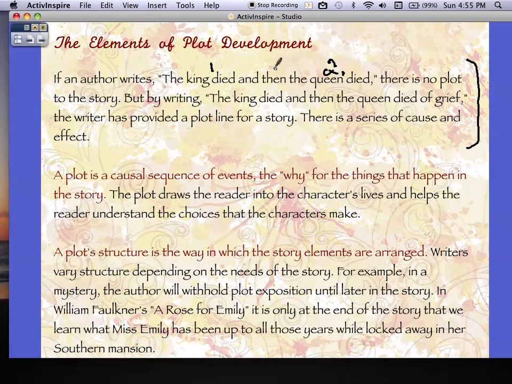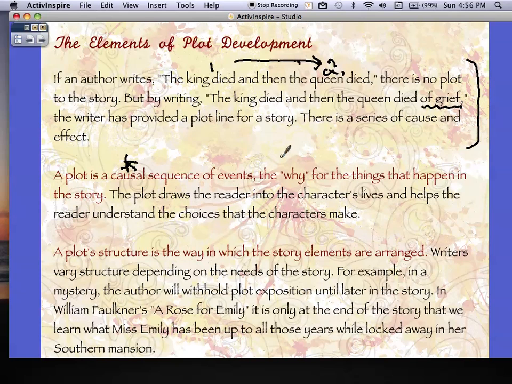The reason there is no plot is that there's no connection to show us that this caused this. But if I say the king died and then the queen died of grief, there's the cause and effect link. Because the king died, the queen died. And that is plot. There has to be a causal sequence of events.